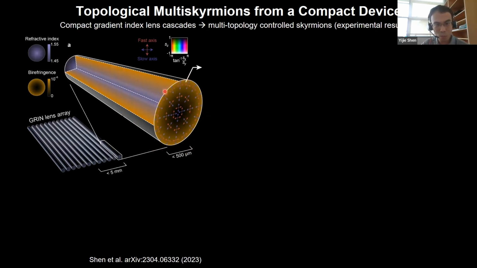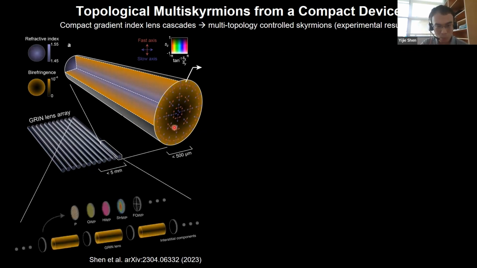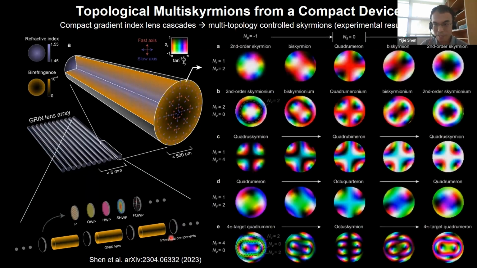It's a very thin rod, and on the cross section you can see some gradient index, a gradient-index fringe pattern, and this rod can be cascaded with other optical elements. It's a very compact device, and we can control the twisting angles between the elements. Now we can shape diversified skyrmions with topological transformation from this very compact device, right?